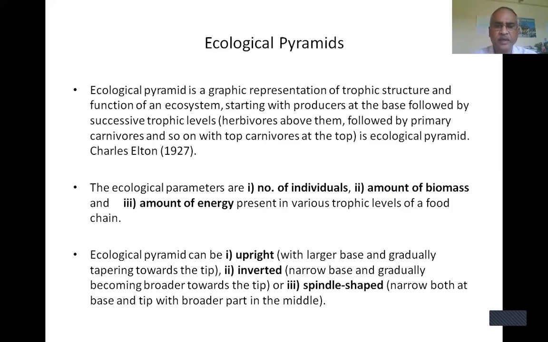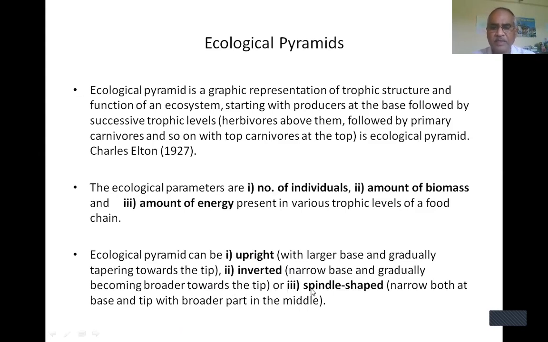And the ecological pyramids can be upright. That means they'll have a larger base and gradually tapering towards the tip. And it can be inverted. It can be inverted in shape, narrow at the base, and gradually becoming broader towards the tip.